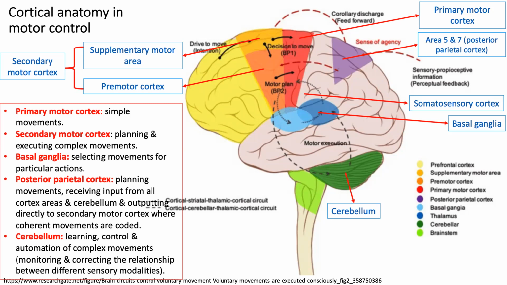How about cerebellum? Cerebellum is located on the bottom here, bottom right-hand side in the picture. It is for learning, control, and automation of complex movements, or for monitoring and correcting the relationship between different sensory modalities.